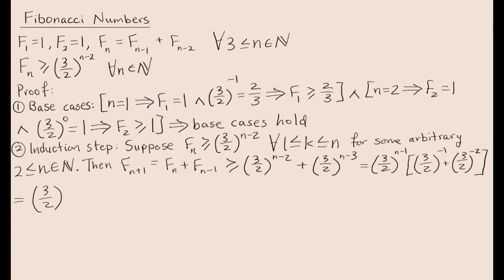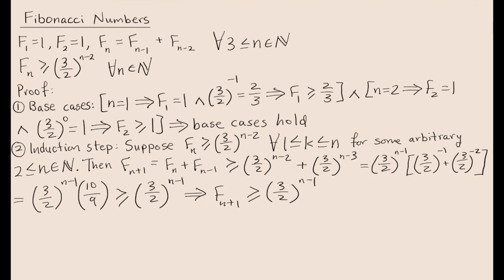So I have 3 over 2 to the n minus 1 times 10 over 9. And 10 over 9 is a number greater than 9 over 9, which is 1. So it will be greater than 3 over 2 to the n minus 1, which implies that my Fn plus 1 is greater than or equal to 3 over 2 to the n minus 1 due to the transitivity of these inequalities. Okay? And this is good.